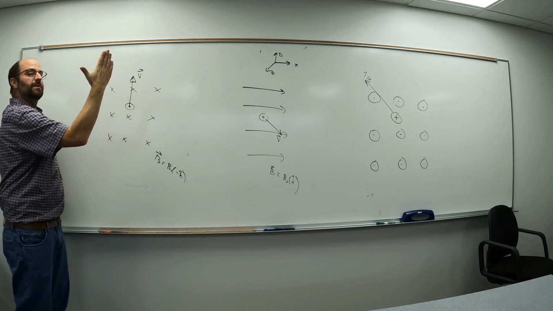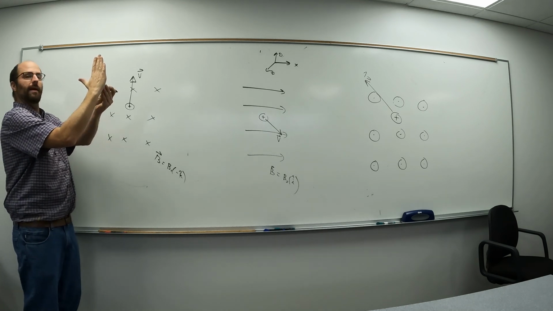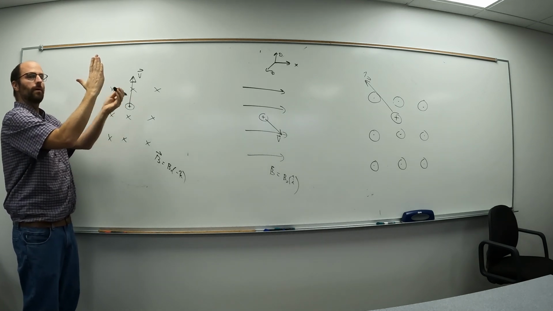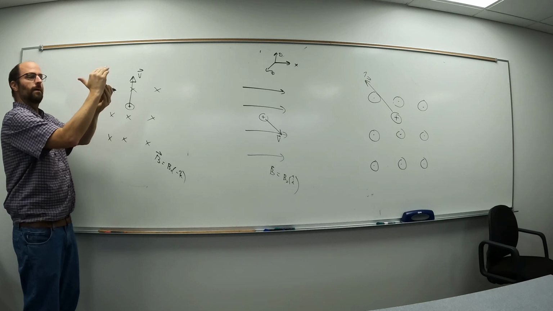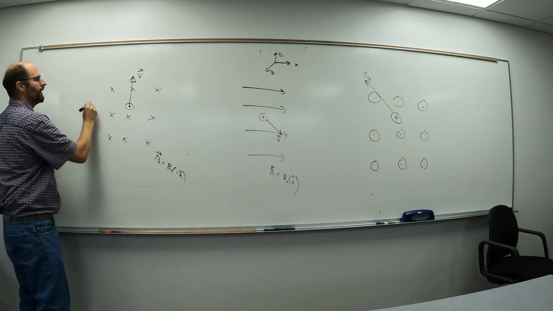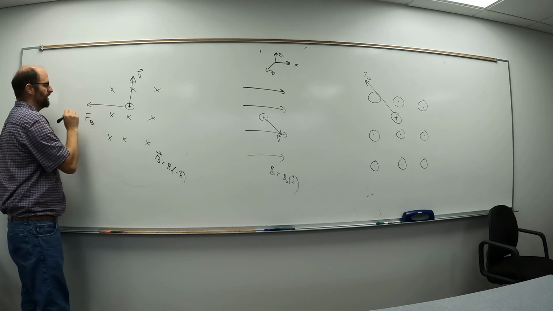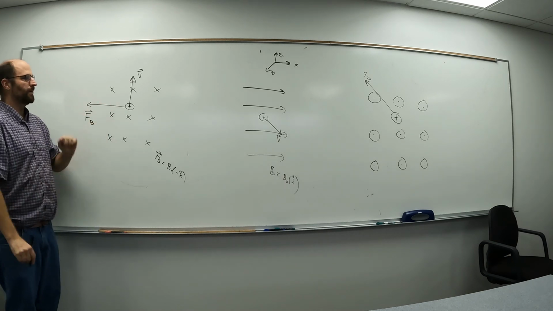You rotate until you can sweep towards the magnetic field vector. Now in this problem, the magnetic field vector is into the board, or minus k direction. So now I'm sweeping, and the thumb gives you the direction of the cross product. So the magnetic force on this particle is to the left. I'll put F sub B here. Basically minus i direction.